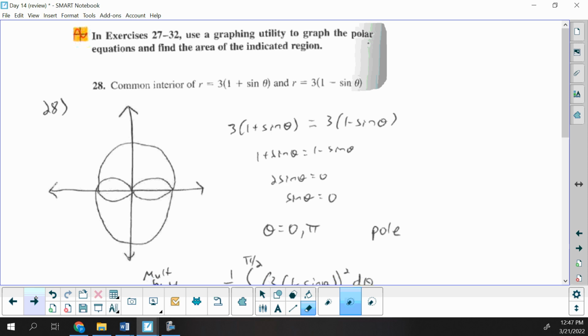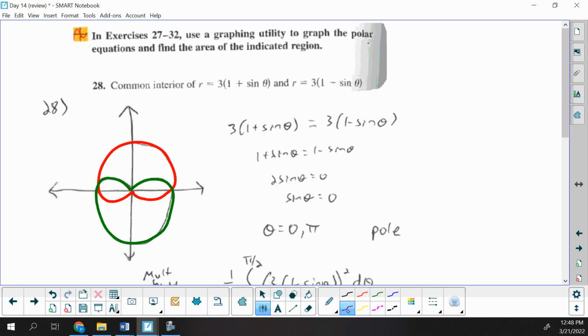And the textbook one, that's a picture of what our graph looks like. So this is our first one. That's our second one.